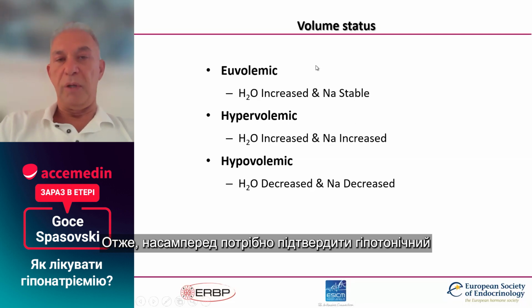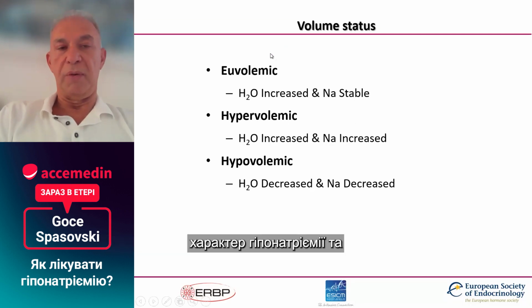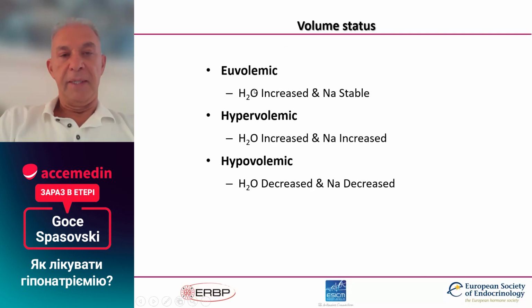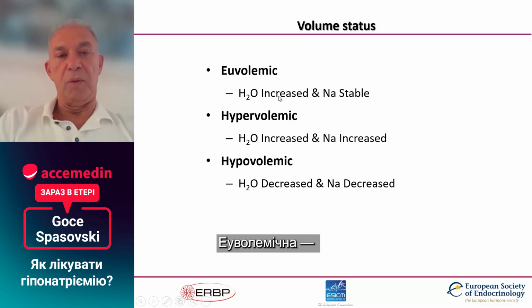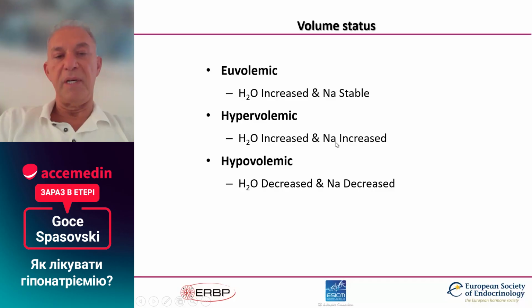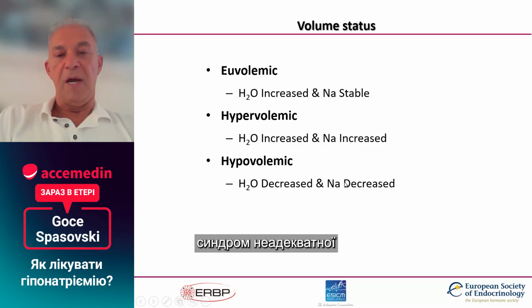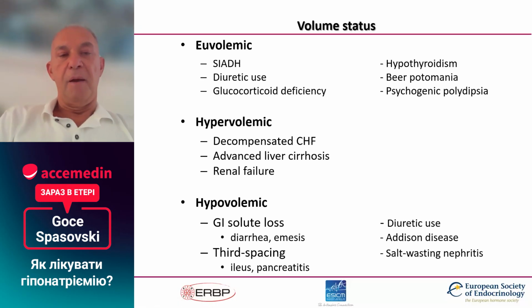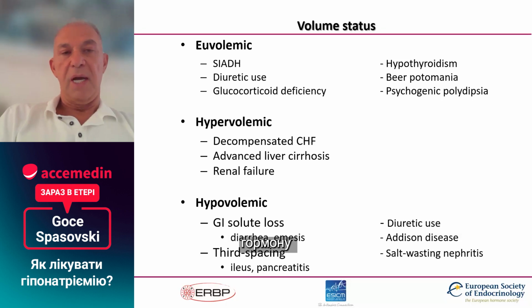According to the volume status, there is euvolemic hyponatremia with H2O increased and sodium stable, hypervolemic with H2O increased and natrium increased as well, and hypovolemic status with H2O decreased and sodium decreased as well. In which situations do we have this?